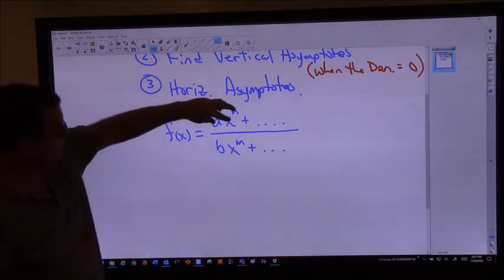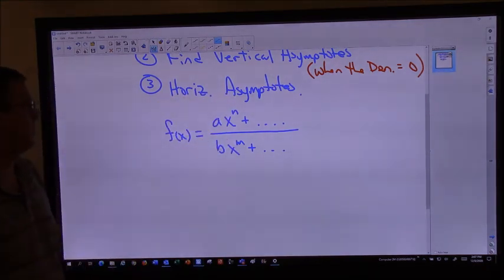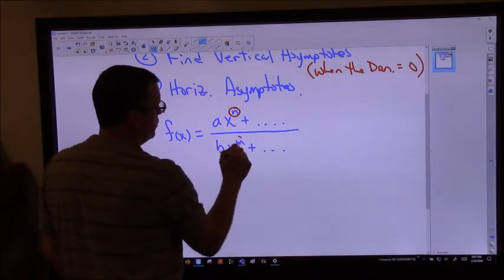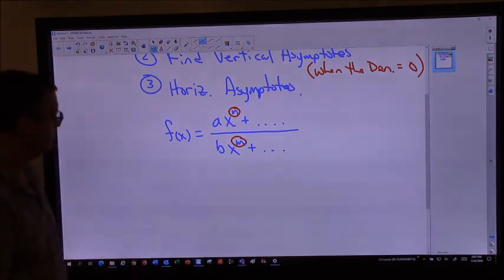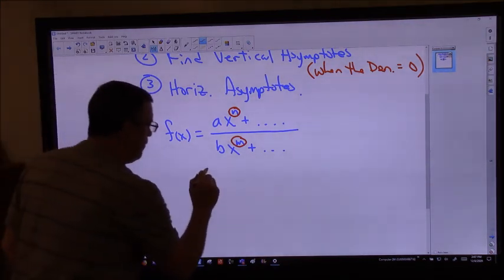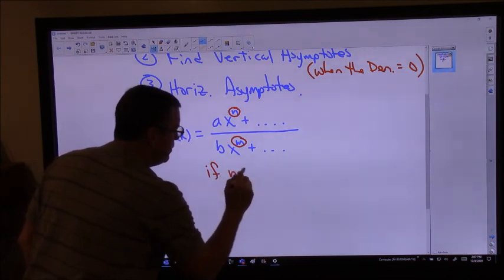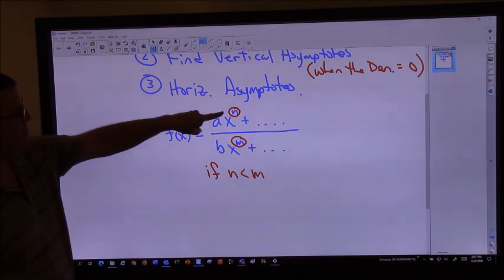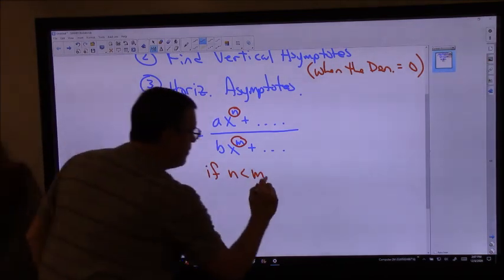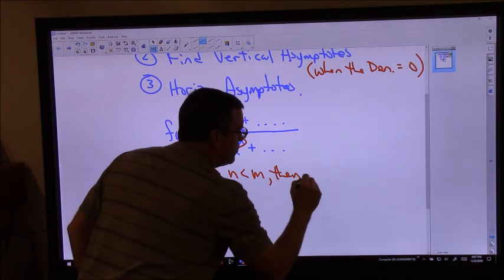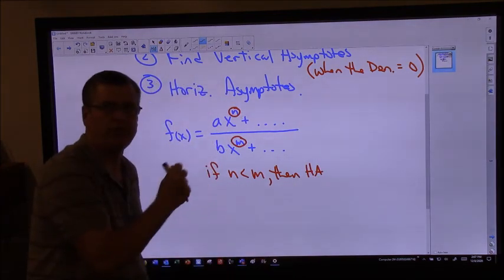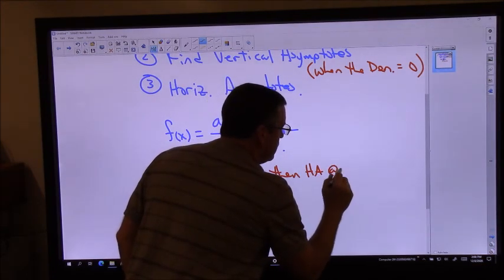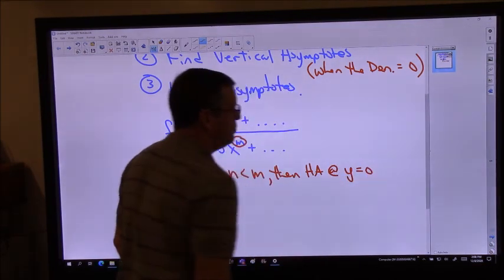So I've got an expression in the numerator, I've got an expression in the denominator, and what I want to do is look at those two exponents. All right? And so if n is less than m, anytime this exponent is smaller than this one, then there's a horizontal asymptote, I'm just going to abbreviate that HA, at y equals 0.